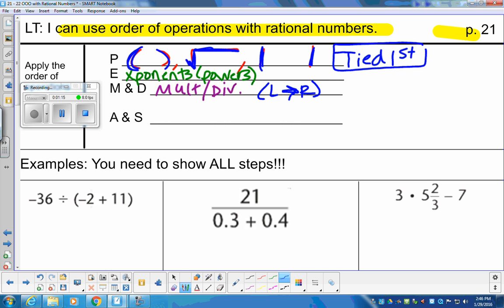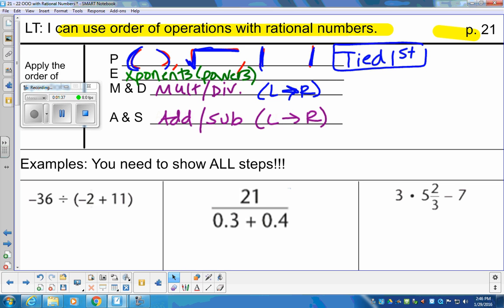And then we have, finally, addition, subtraction. We work them left to right. They are also tied. So what's new today is that first place item. Square roots, absolute value, parentheses, all are in first place.